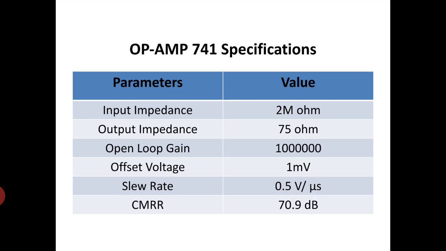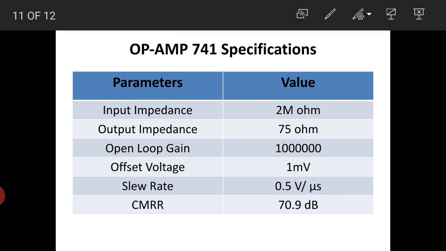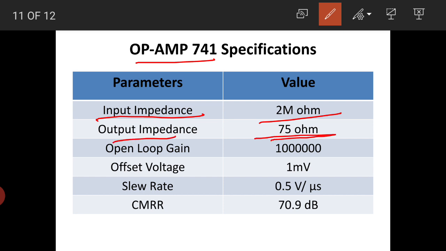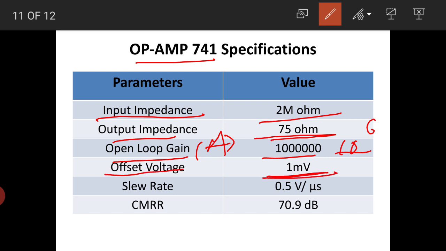So let us discuss the practical specifications of the op amp 741. Input impedance is high, around 2 mega ohm. Output impedance is 75 ohm, and the open loop gain, which is A, is around 10 raised to power 5 to 10 raised to power 6, and offset voltage is 1 millivolt, which means that when there is no input provided to the operational amplifier, at the output side there is still some voltage, which is known as offset voltage.